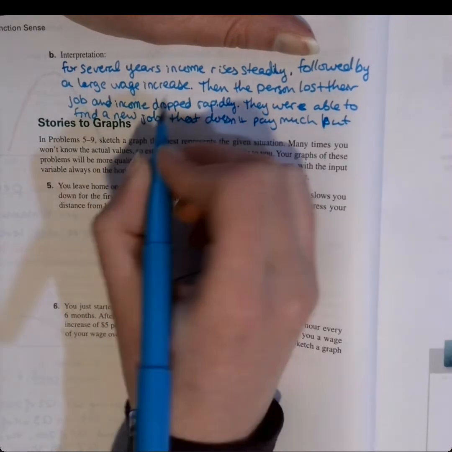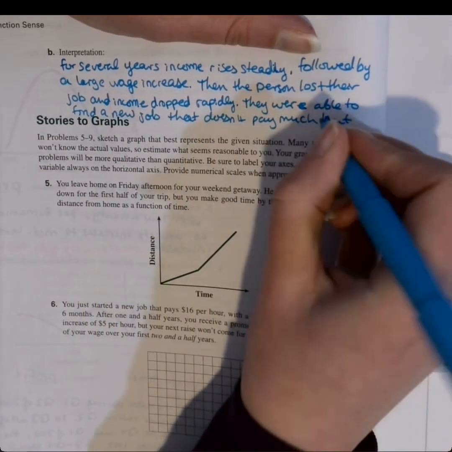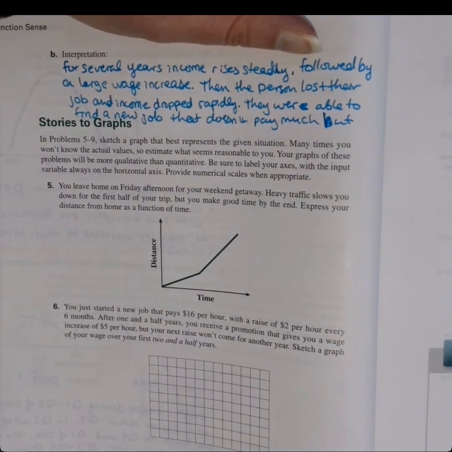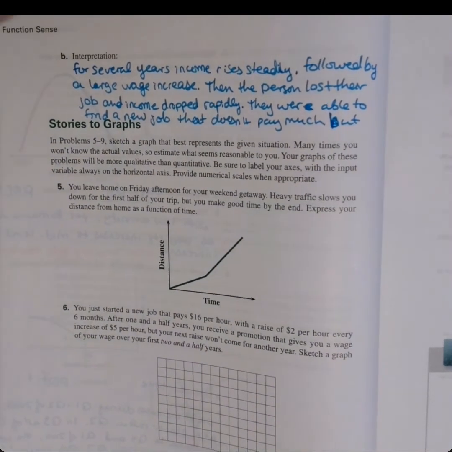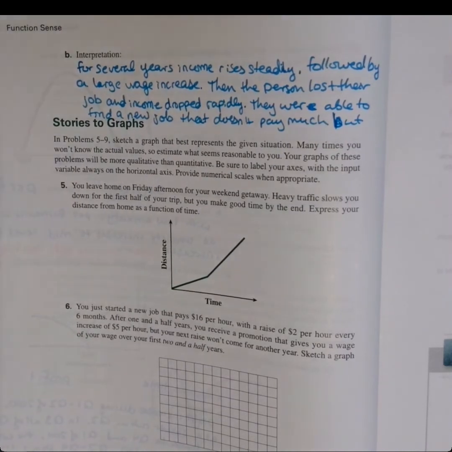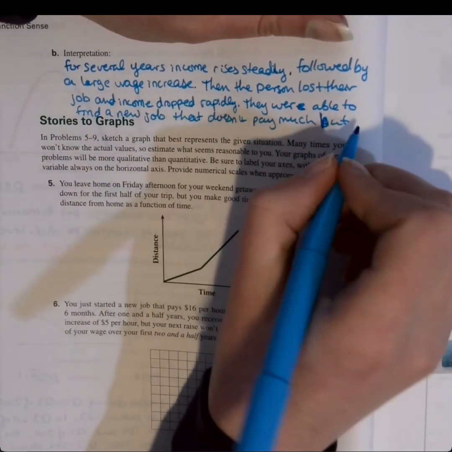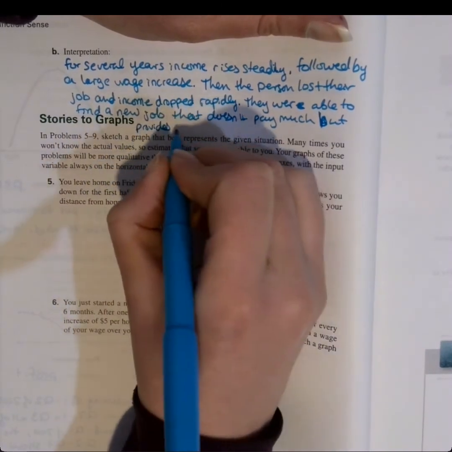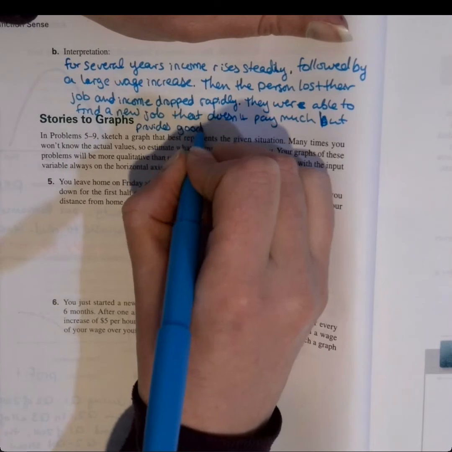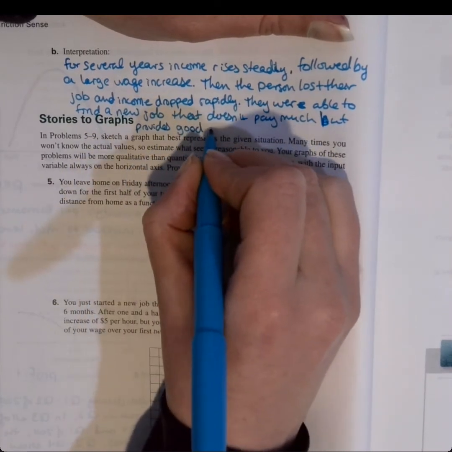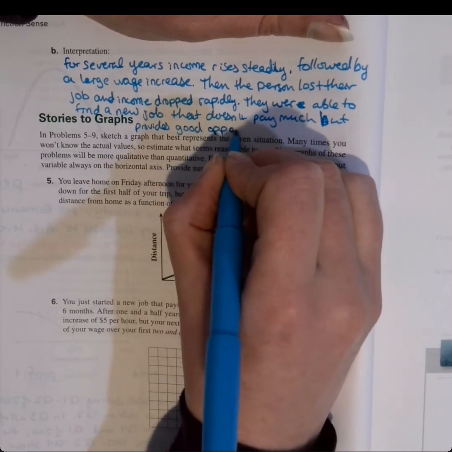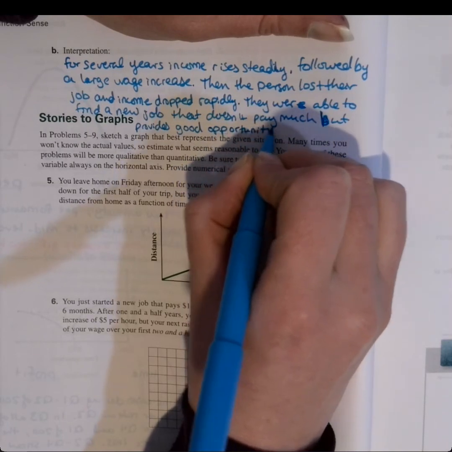Doesn't pay much, but it provides opportunity for raises, but provides good opportunity for income to increase. Doesn't pay much, but provides good opportunity for future income or for advancement. How will I say that? Just trying to get the right words here.